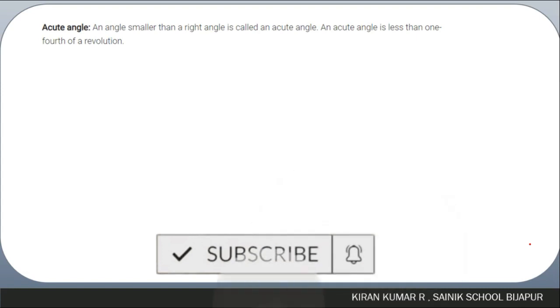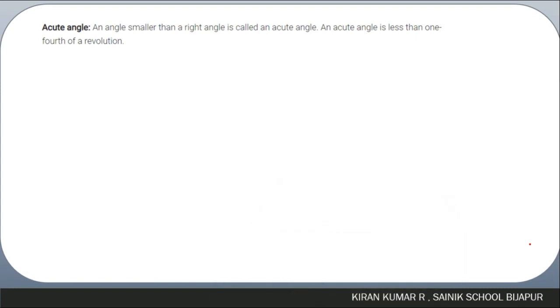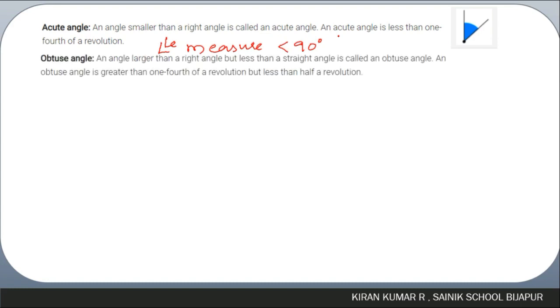An acute angle is an angle smaller than a right angle, and this acute angle is less than 1/4 of a revolution. Look at this figure here. The angle measure is less than 90 degrees. Here I can write angle measure less than 90 degrees.